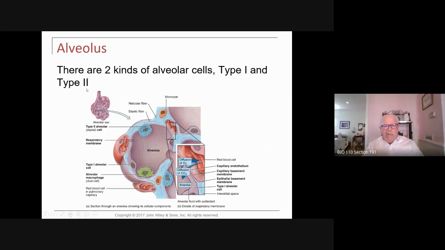Type 2 alveolar cells do not function in gas exchange. They function in the production of a protein called surfactant. And that surfactant allows the lungs to have elasticity. It allows the lungs to enlarge and it allows the lungs to collapse, but not fully collapse.